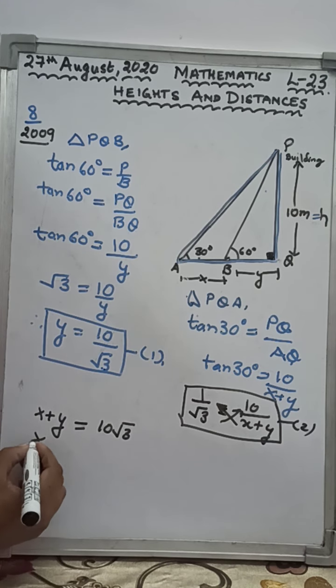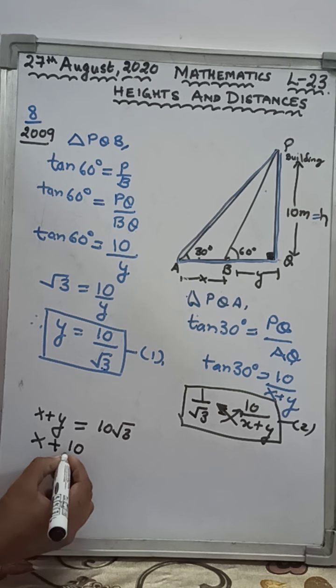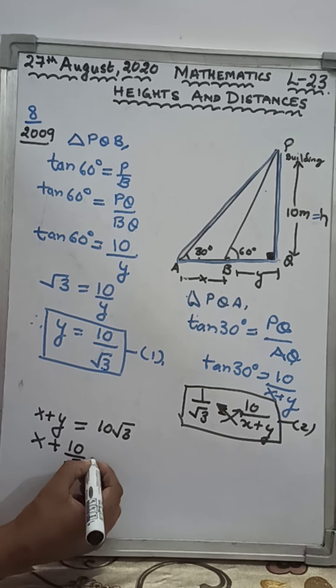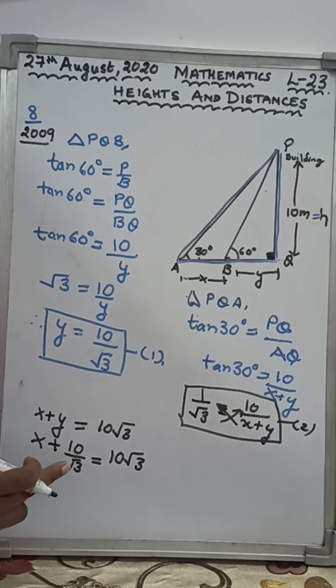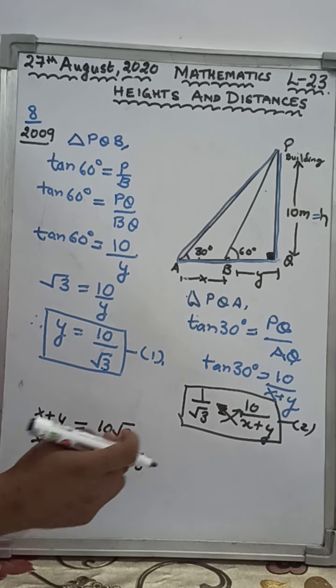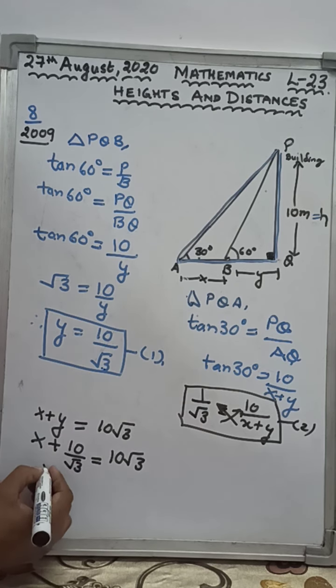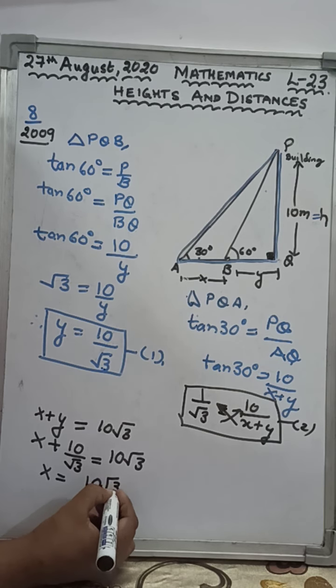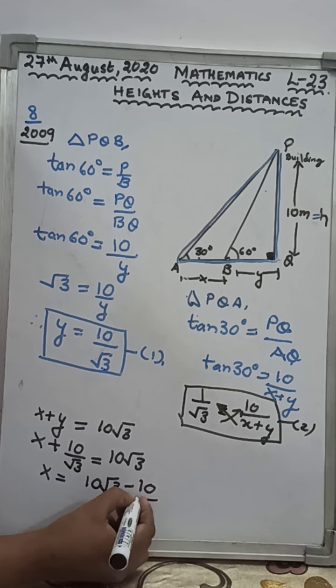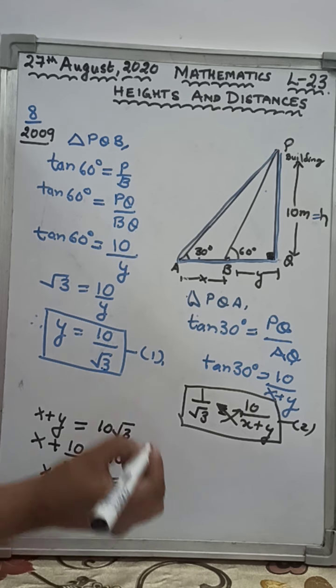So x plus 10 over root 3 equals 10 root 3. So we will take this 10 over root 3 on the right hand side. Therefore x will be equal to 10 root 3 minus 10 upon root 3.